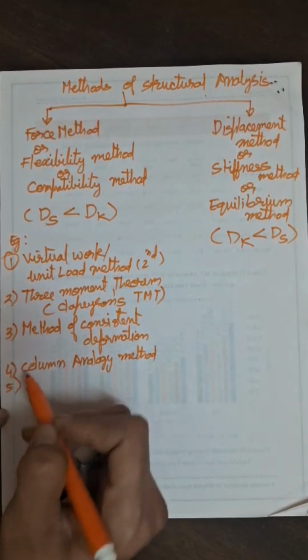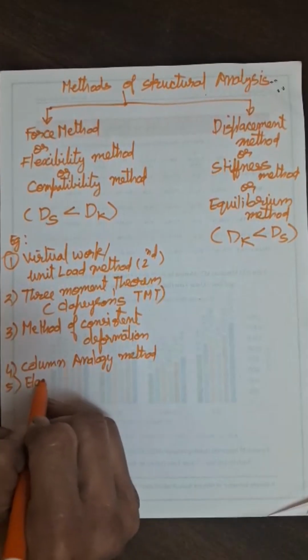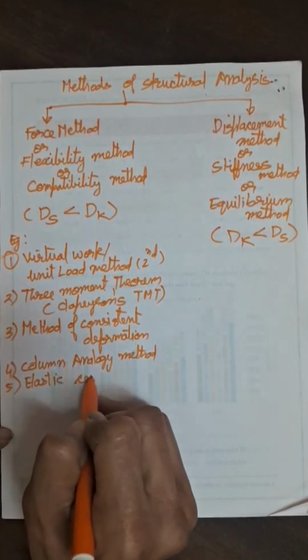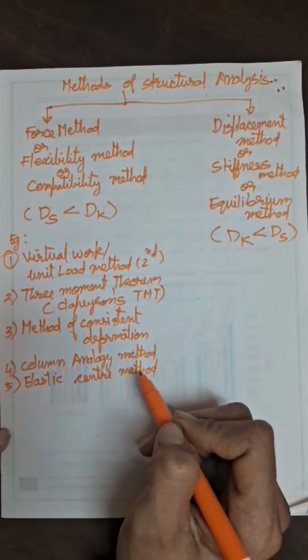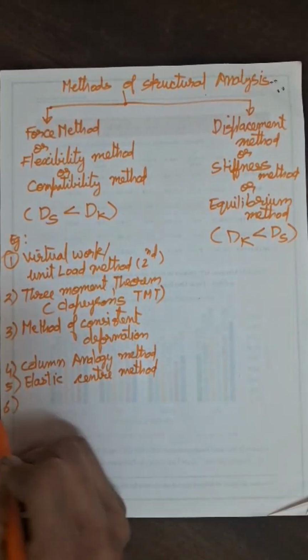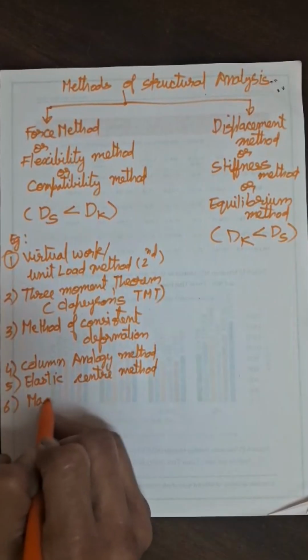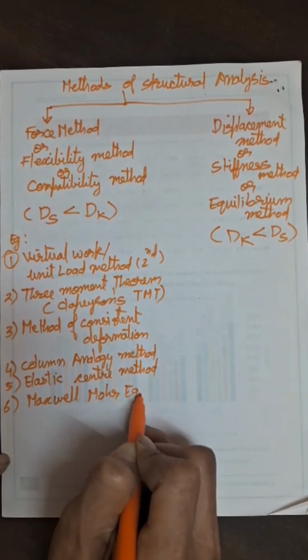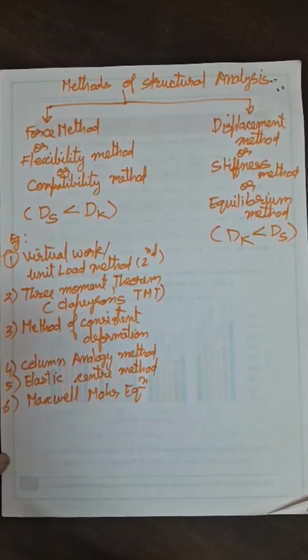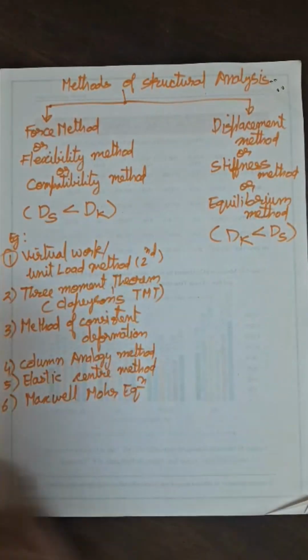We are having elastic center method also. Okay, then we are having Maxwell-Mohr equation. Okay, so these are a number of methods under force method. We just have to remember the names, and where we have to apply them, that also we should know the condition.